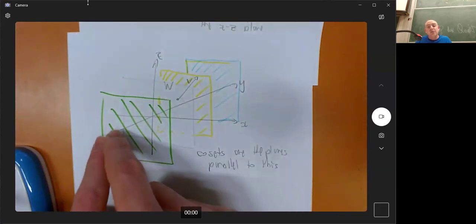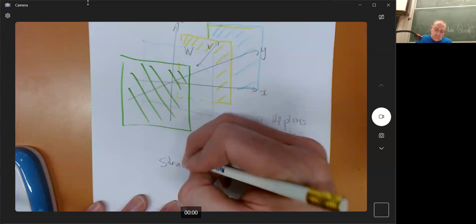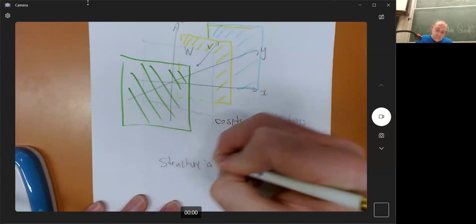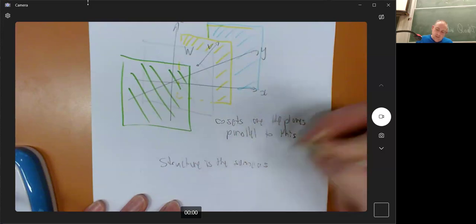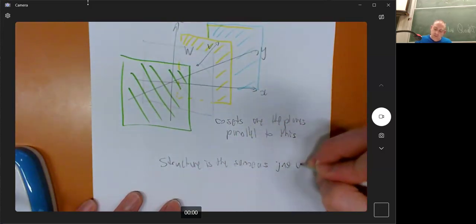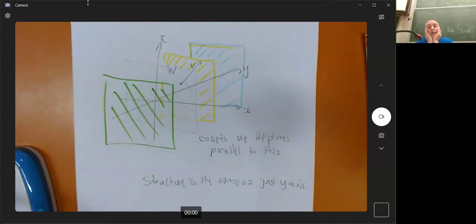And I can just choose the vectors that are on the y-axis. And so the structure is the same as just the y-axis.